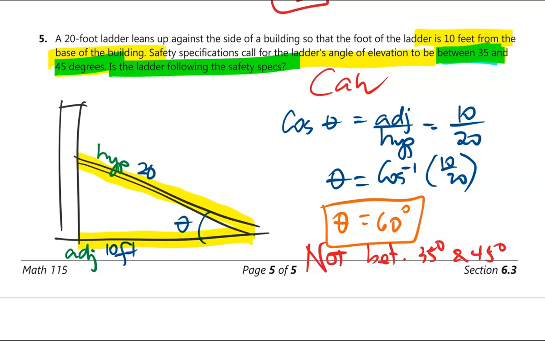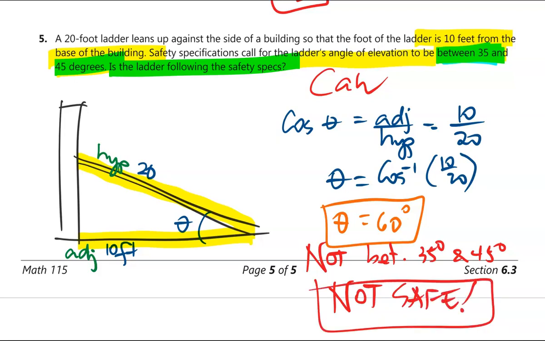So we can say that, yes, it is not safe. Okay, so that's it for this section, section 6.3. Let me know if you have any questions, and thank you.